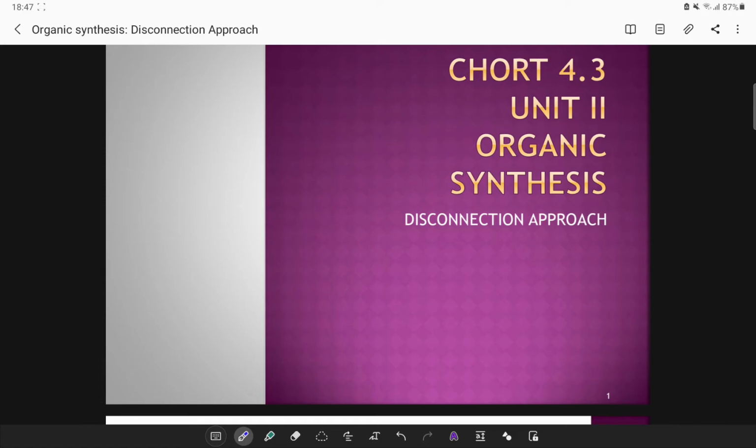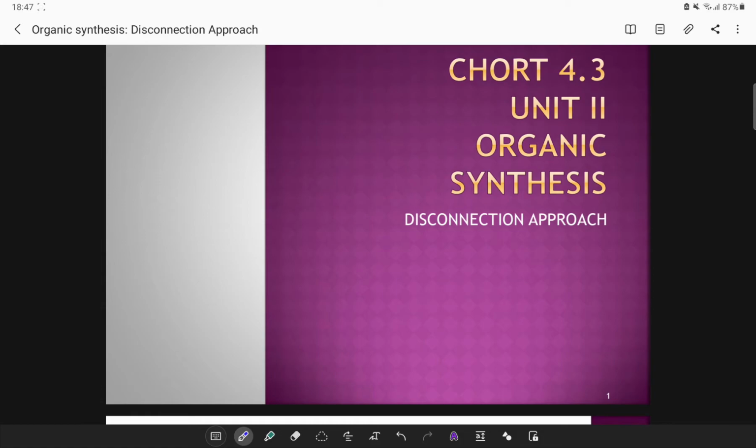Now the question may arise, what is this disconnection approach? Disconnection approach is nothing but going backwards. If a target molecule is assigned to us, how can we design the molecule based on the starting material and commercially available reagents so that we get our final compound?